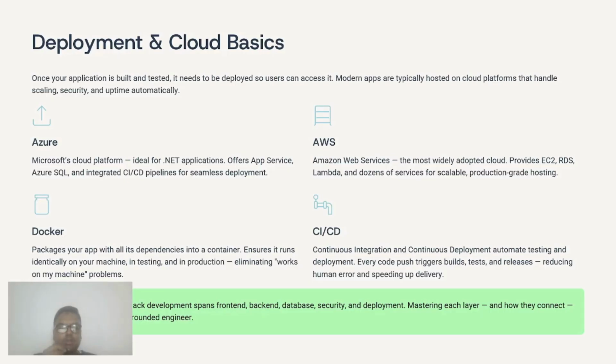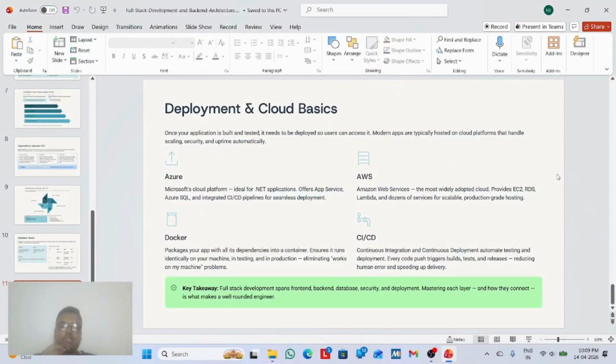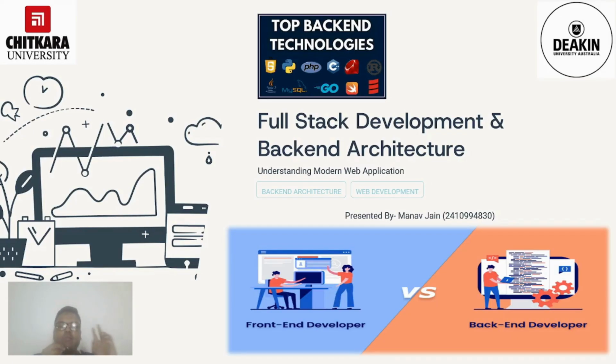To conclude, full stack development includes the front end and back end, and along with them it also includes databases, security, and deployment. It is not only about the front end and back end; it is about making our application more secure.